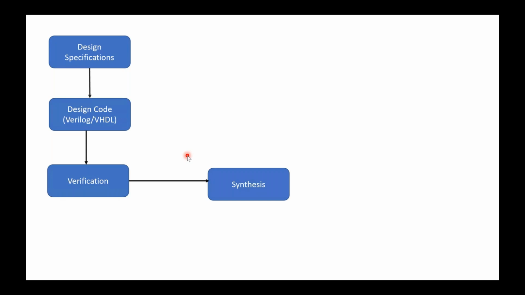Next comes the synthesis. During synthesis, the RTL code, that is the behavioral or data flow level modeling code which we had written, will be converted into gate level format. It will be technology node specific, like 28 nanometer or 7 nanometer.